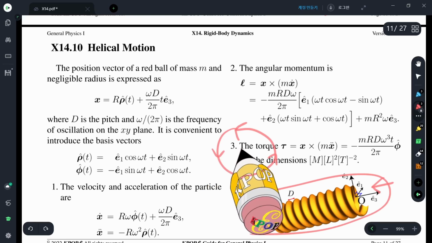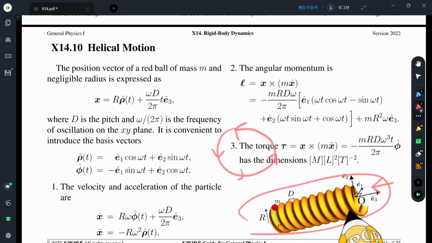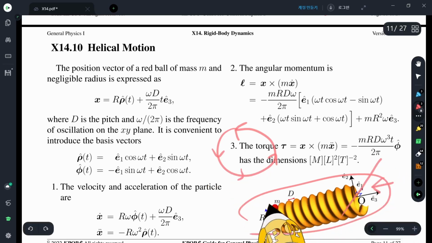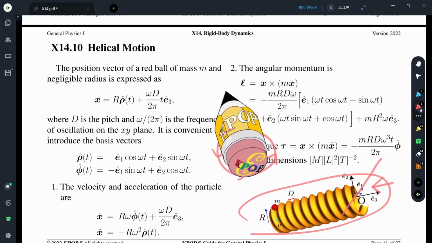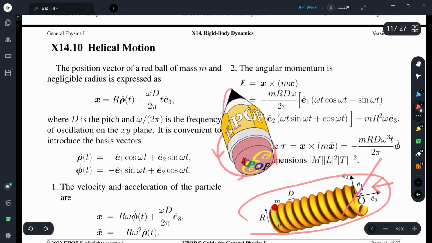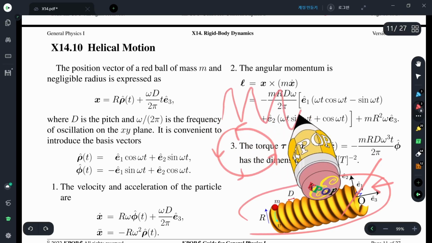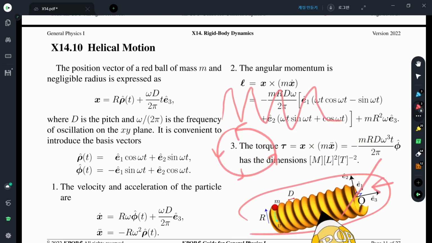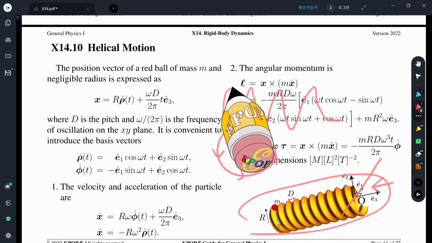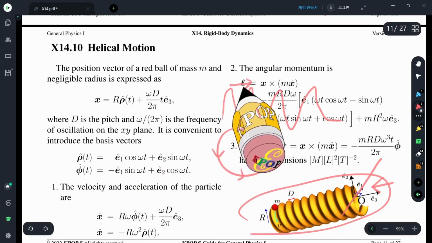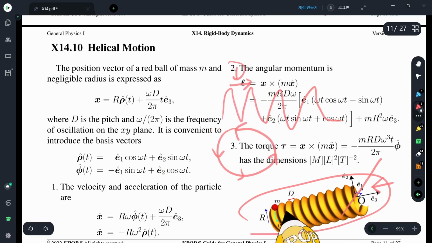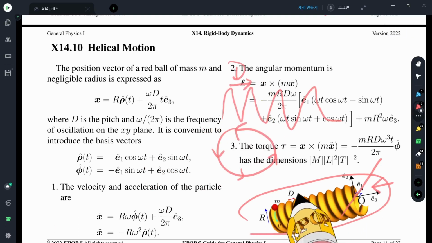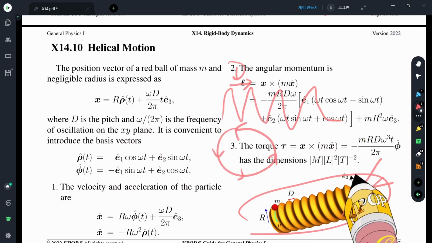In addition, if you look at the graph from this side, then it is something like this wobbling motion. If you make a single turn in the transverse direction, then you go forward by a pitch. This D is called the pitch in the screw-like shape. Why don't you follow the calculation to find the answer?